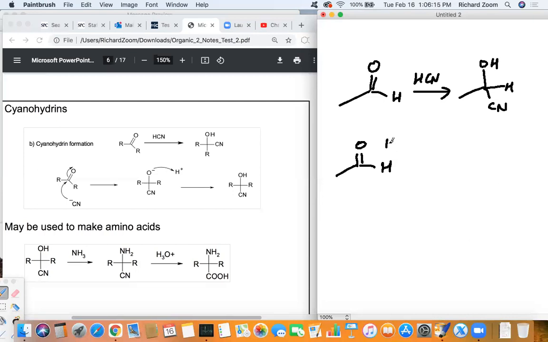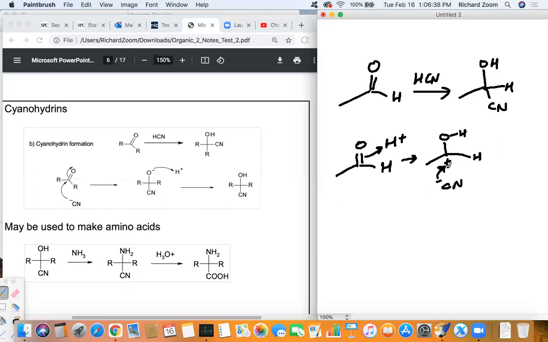We can treat this as an acidic mechanism, in which case we add the H plus first, and then the CN minus comes in.